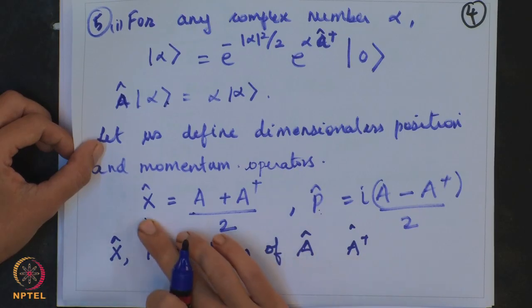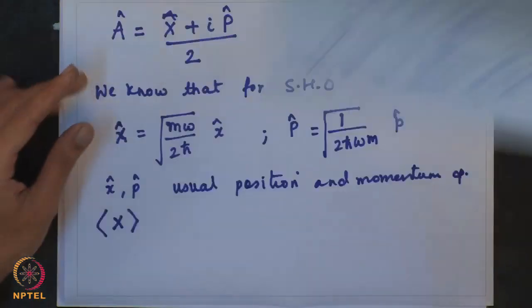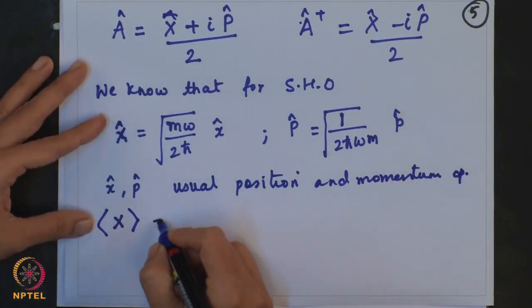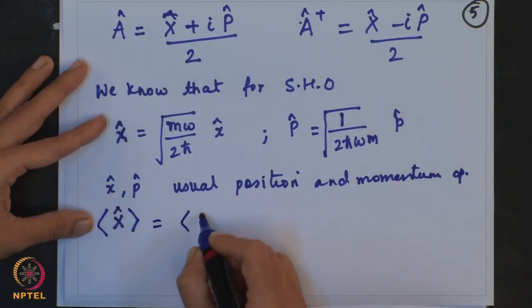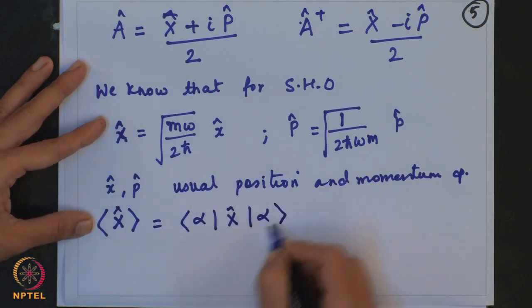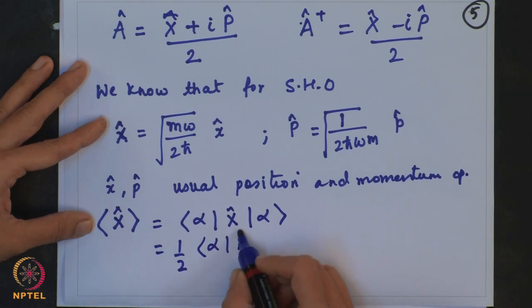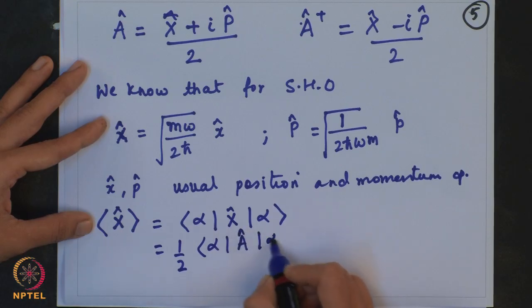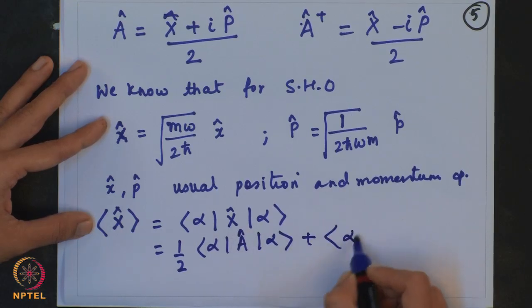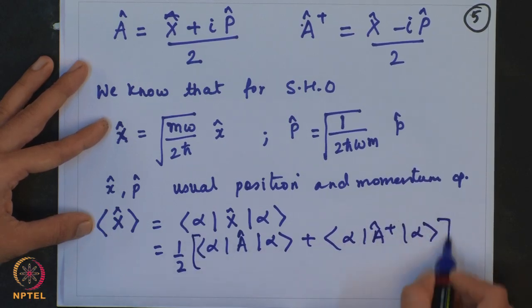So, first we will evaluate x, then we will evaluate x square, then p and then p square. So, the expectation value of x on ket alpha will be 1 by 2. I will write <alpha|A|alpha> plus <alpha|A dagger|alpha>, correct.